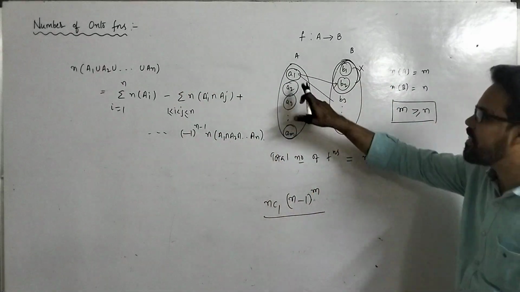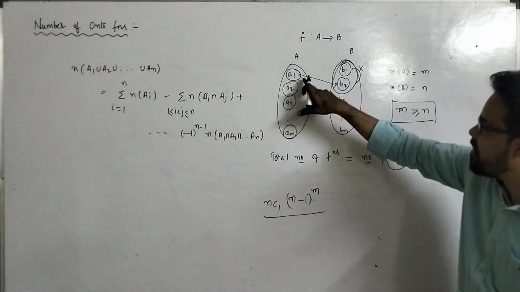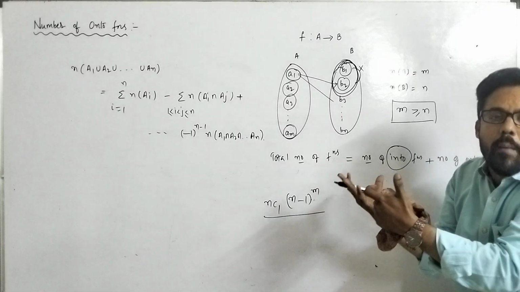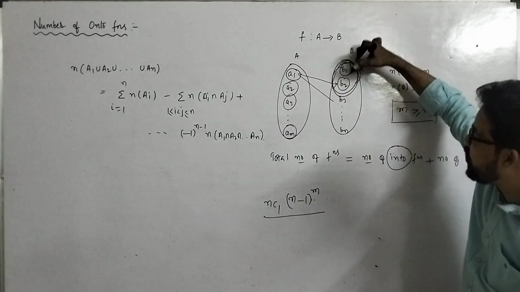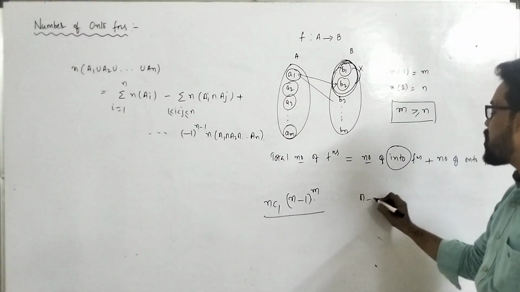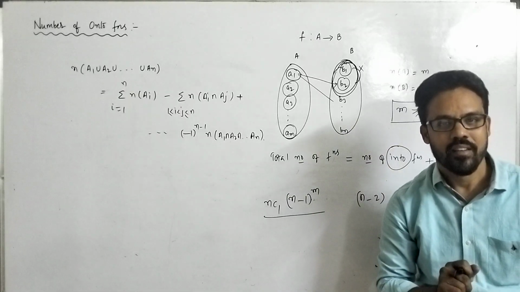Again, what happened here? This is 1 and this is 2. If we want to remove these 2, I mean remove in the sense there is no mapping with them, out of n we have removed 2 elements, so how many remain? N minus 2 elements will be there.